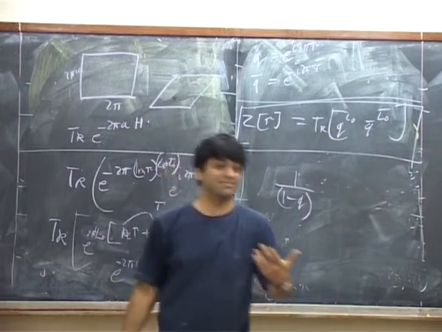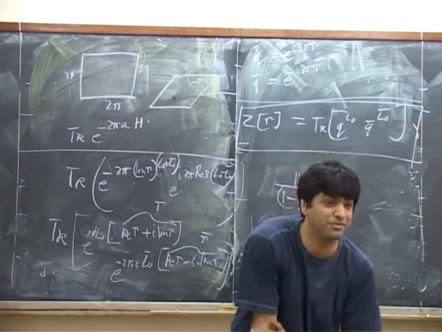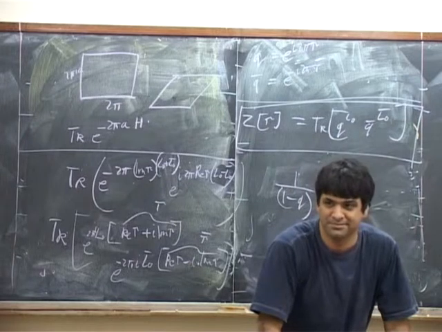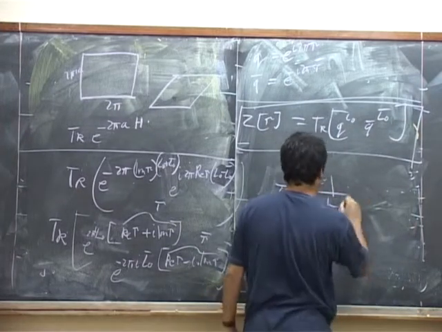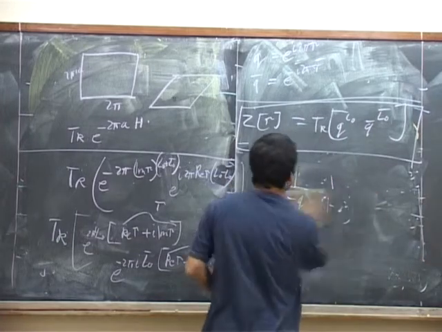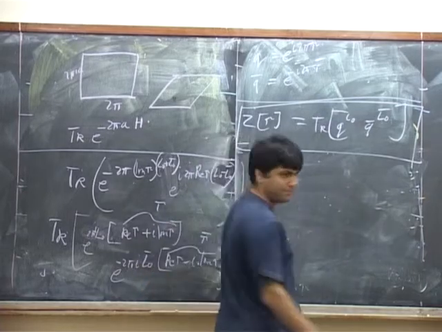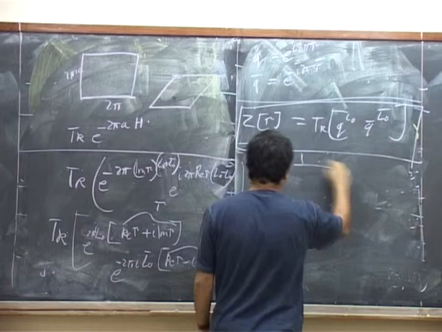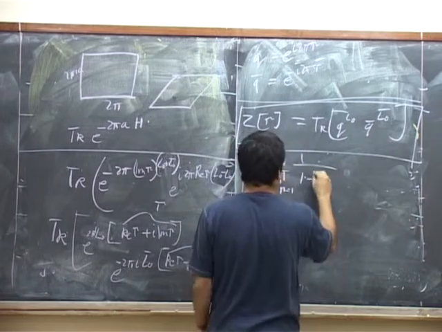But the free scalar field has a harmonic oscillator of energy 1, and a harmonic oscillator of energy 2. What's the contribution from there? Very good, 1 over 1 minus q squared. And it also has harmonic oscillators of energy 3 as well. So the contribution from the harmonic oscillators is 1 over the product, n equals 1 to infinity, of 1 minus q to the n.